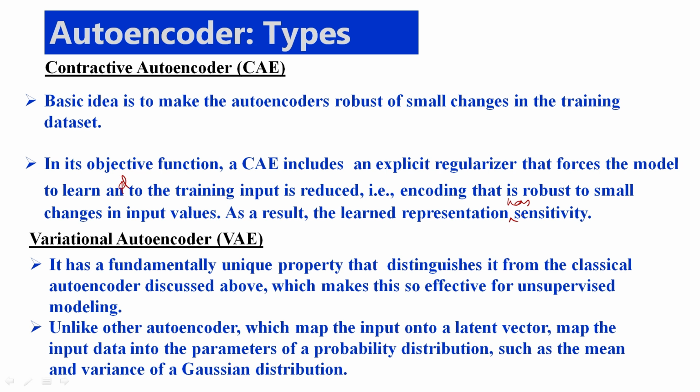So, the denoising autoencoder encourages robustness of reconstructions, as we have discussed already, and this one encourages robust representation of the data. The last one is called the variational autoencoder. It has a fundamentally unique property that distinguishes it from any classical encoder and makes it so effective for unsupervised modeling. What does it do? It maps the input data into a latent vector, in the parameters of a probability distribution function. That is the key thing, such as the mean or variance of a Gaussian distribution.